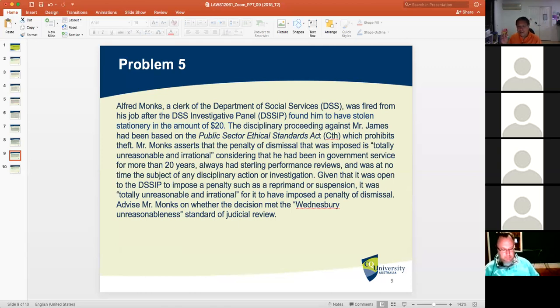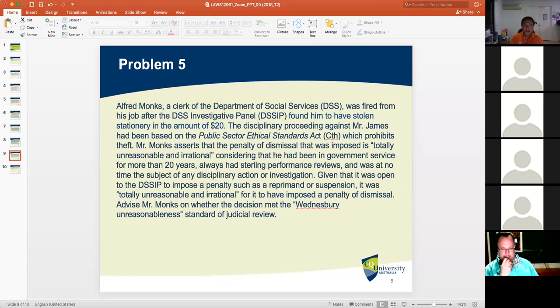I mean, imagine, which is why I gave the example of $1. Imagine dismissing somebody because that person stole something worth $1. Isn't that capricious? Isn't that oppressive? Isn't that arbitrary? So even when an executive decision maker has the power to do certain things, that power has to be exercised reasonably. It cannot be capricious. It cannot be arbitrary. It cannot be oppressive. And that is the case of Edelston versus Wilcox.